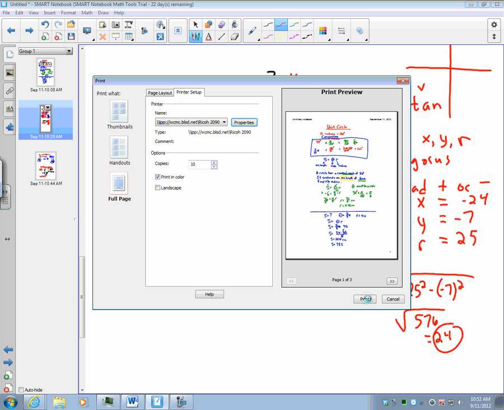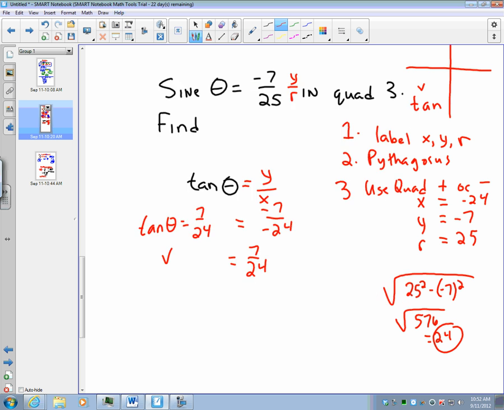Press print. Good question. Anybody have questions?